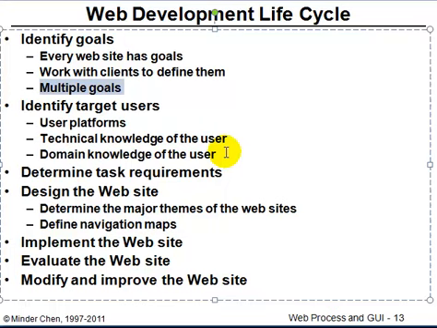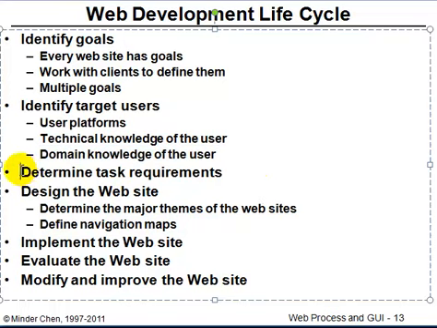And certainly a website can have multiple goals, and you also need to identify the target users and what platform the user may use, and what the technical knowledge and background of the user are, and what the so-called domain knowledge the user may have. This would determine how easy you want to make the site to use, or what kind of technical terms you may use in describing your site.